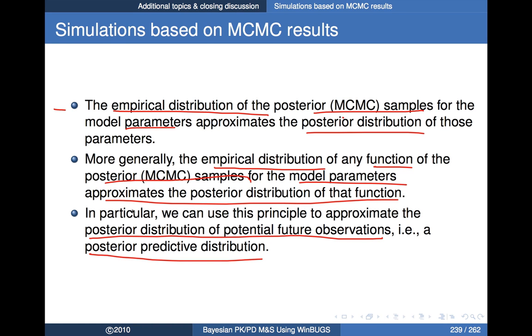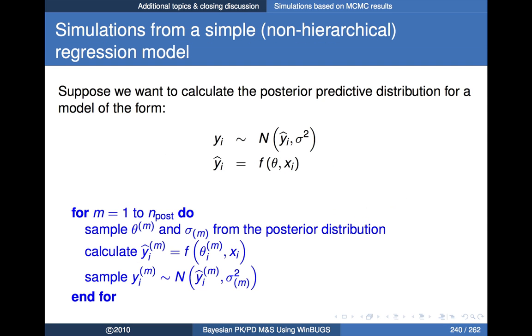So let's talk about some of the mechanics of actually doing this process, and I'll illustrate that in a couple of particular contexts. Let's start out with the relatively simple regression model. It could be linear or nonlinear, but by simple regression I mean it's not a hierarchical model.